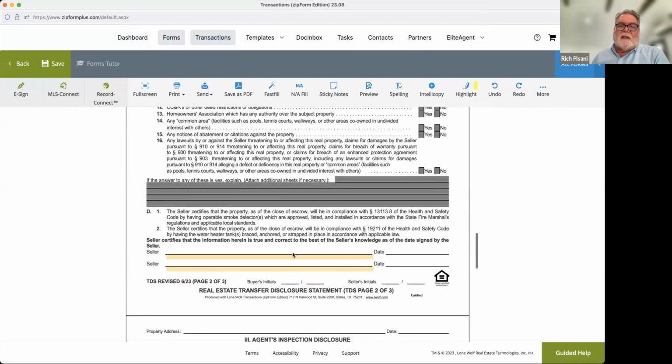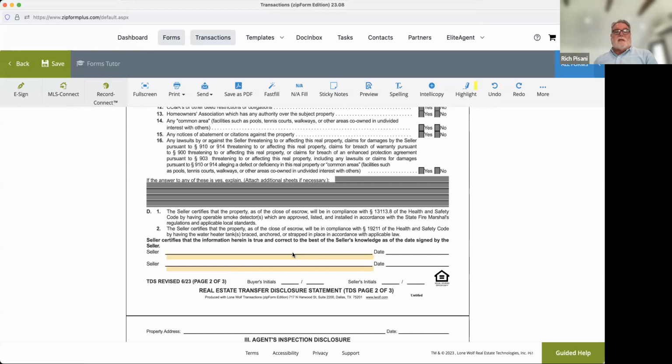The seller certifies that the property at the close of escrow will be in compliance with the smoke detectors and carbon monoxide and bracing and all of that. This takes the place, if the seller fills this out, of the water heater smoke detector, WHSD form, which asks these very same questions. So this is covered.